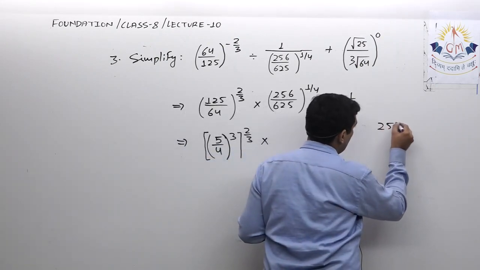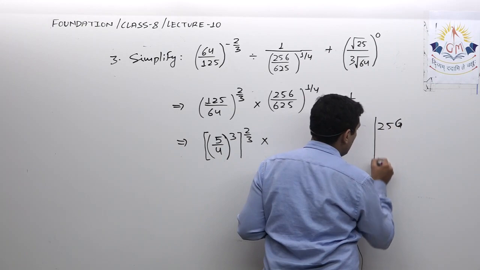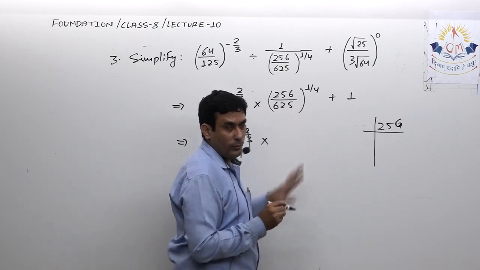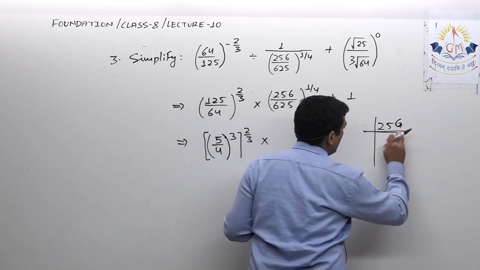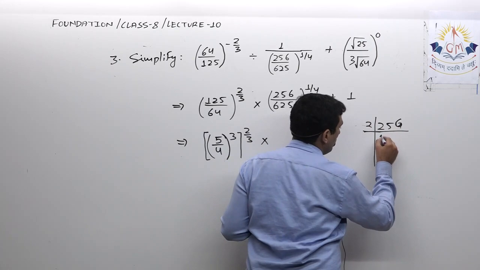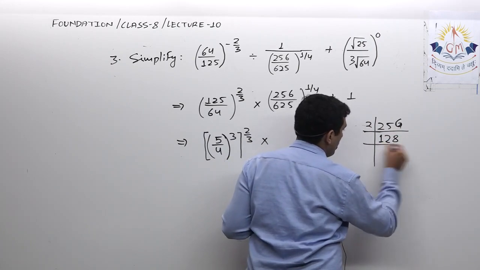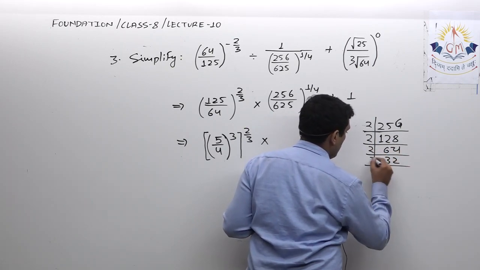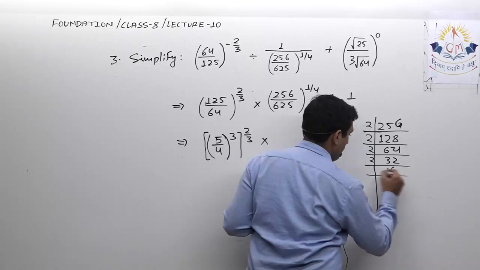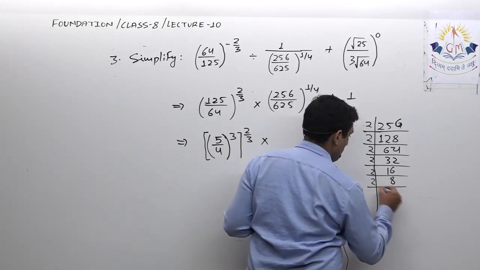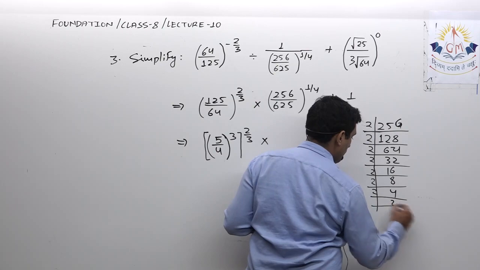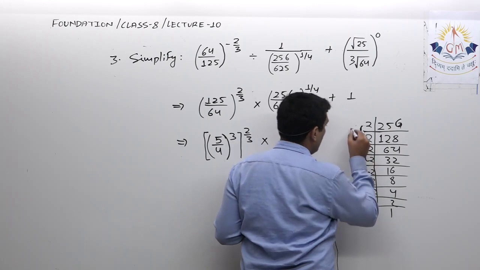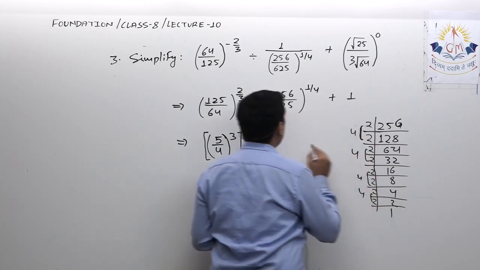Now 256, let us check, because this is 5 raised to 4 and this is I think 4 raised to 4, but still let us check this with 2. So this is 2, 2, that is 4, 4, 4, so 4 raised to 4.